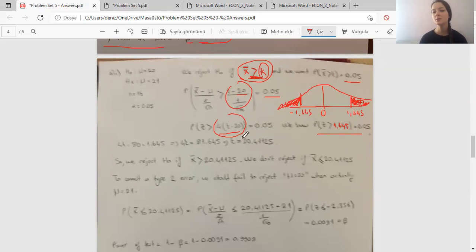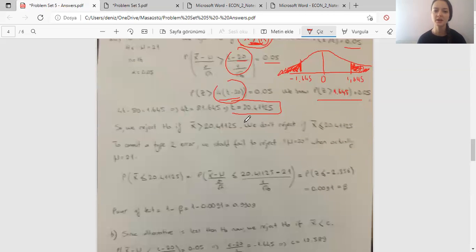And from here, we are finding the K value, which is 20.41 approximately. So now we can write a clear version of our decision criteria, which is we reject H0 if X bar is greater than 20.41, okay?